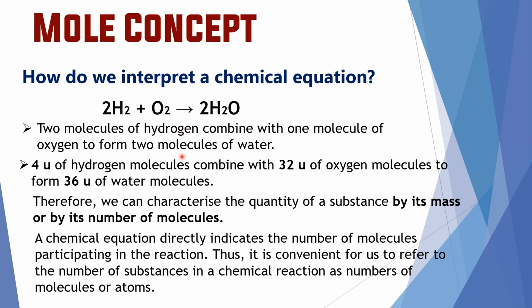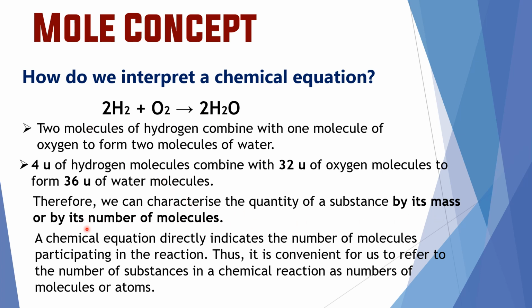Children, these are the two ways. Therefore, we can characterize the quantity of a substance by its mass or by its number of molecules. It's very important, so please listen. By getting this chemical equation, we can interpret it in two ways.